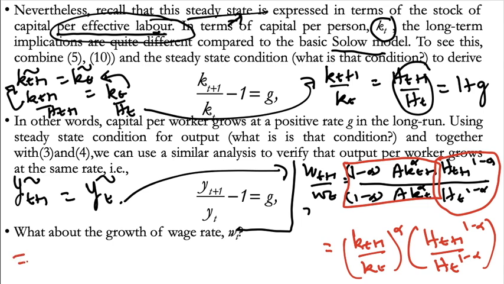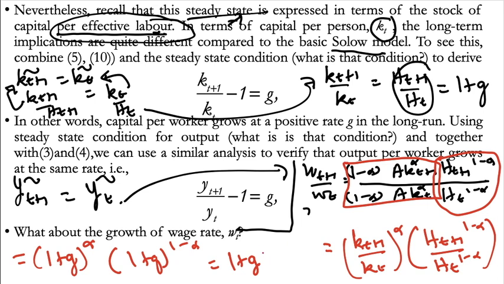We bring it here. We know that the ratio of k_{t+1} over k_t is actually 1 + g, to the power of α. Also the same for h_{t+1} over h_t, which is 1 + g, to the power of 1 - α. So when you simplify, that becomes 1 + g. Now, 1 + g is basically w_{t+1} over w_t.